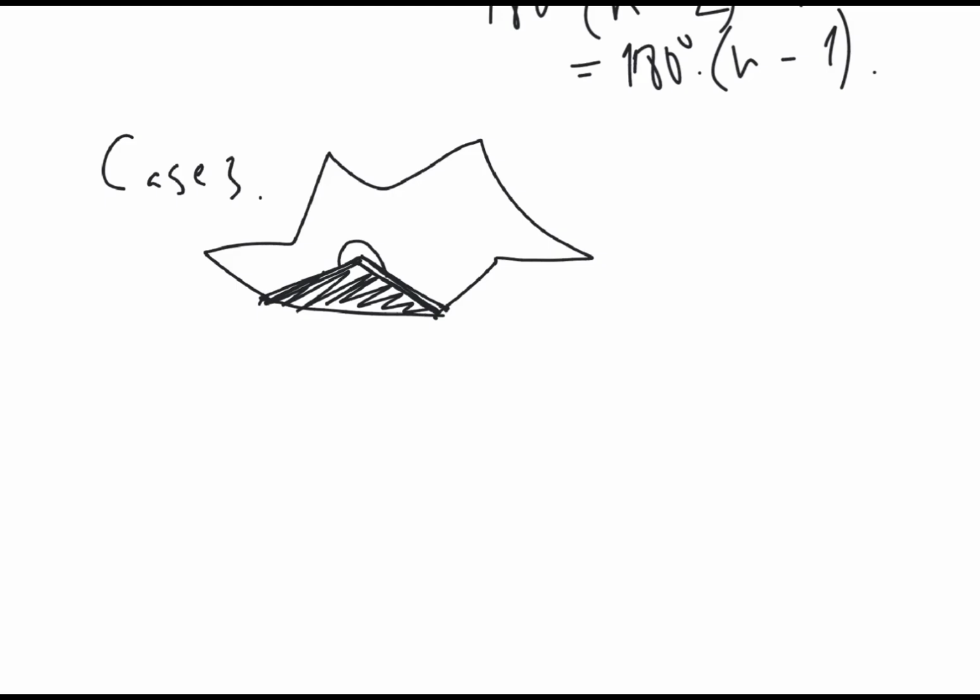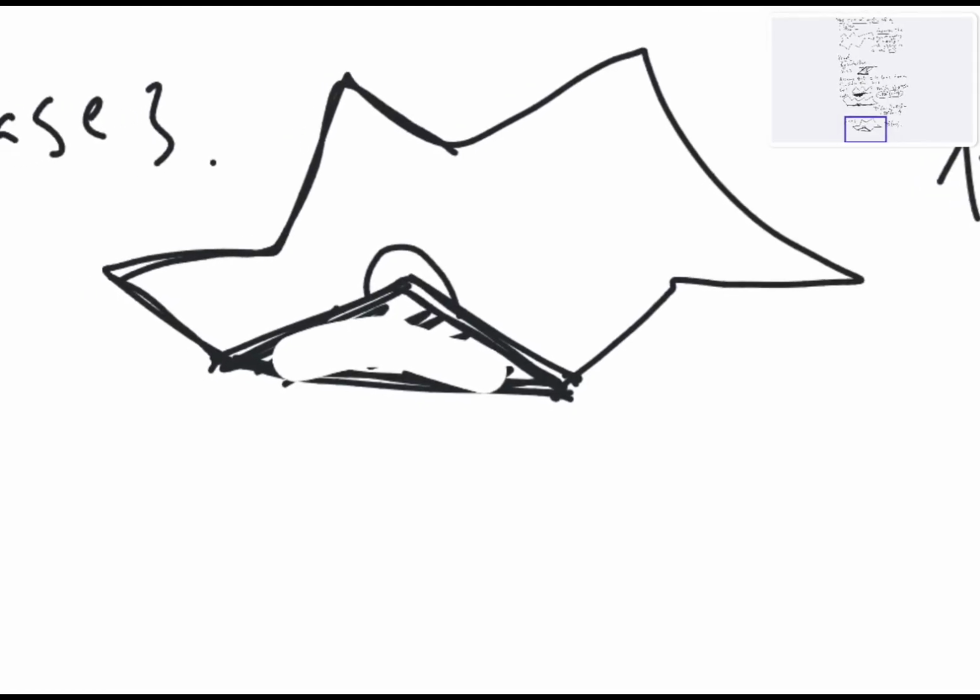Again, for the resulting polygon with one less vertex, the sum of angles is 180 degrees multiplied by n minus 2. Now let's consider what we need to add and what we need to subtract. Let me denote the angles of this triangle as alpha, beta, and gamma.